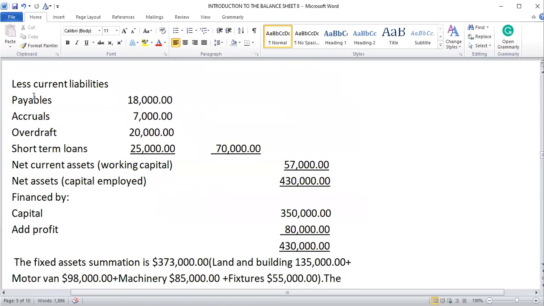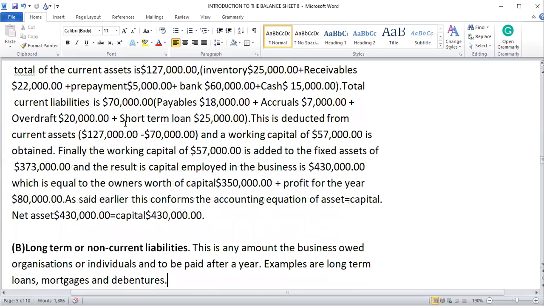So we have the current liabilities: payables, $18,000. Then accruals, $7,000, plus overdraft, $20,000, and short-term loan, $25,000.